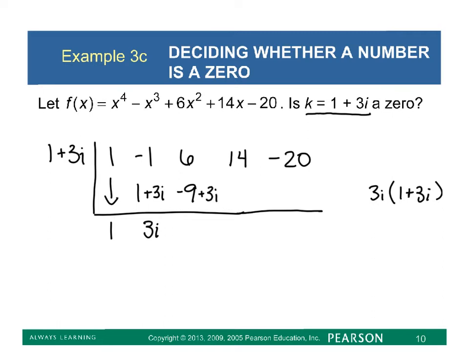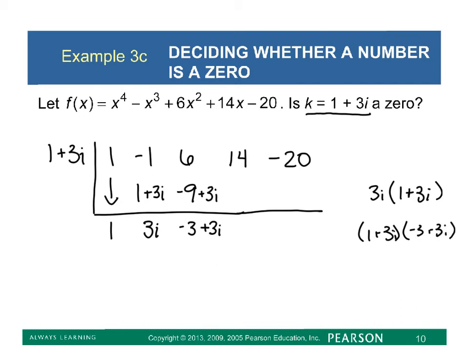And then put together the 6 and the -9 plus 3i, we get -3i, well no, we don't get -3i, we get -3 plus 3i. Again, off to the side, multiply together the 1 plus 3i and the -3 plus 3i.